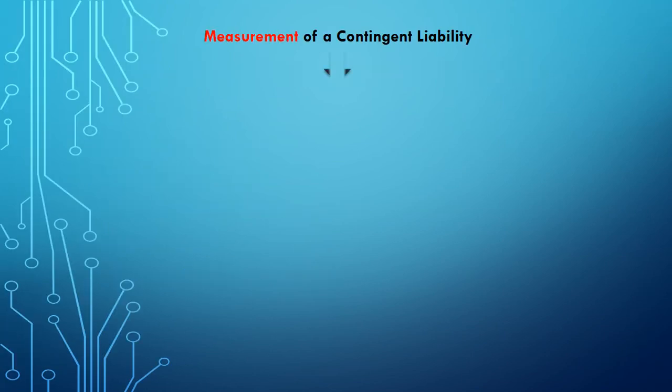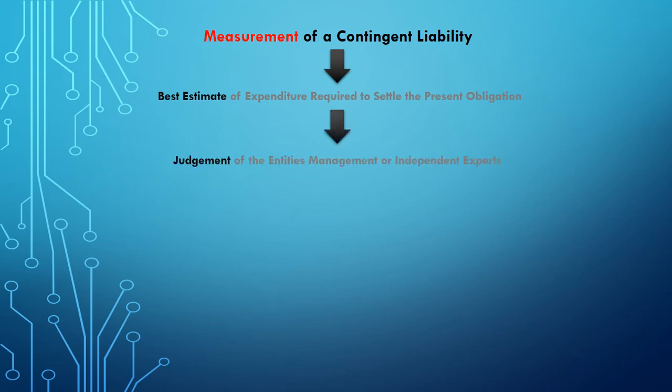Okay. How do we measure a contingent liability? Well, for the measurement of a contingent liability, we have to use our best estimate of the expenditure required to settle the present obligation. And that's often left to the judgment of management or independent experts who will look at previous examples, previous case studies, transactions that have happened like this.